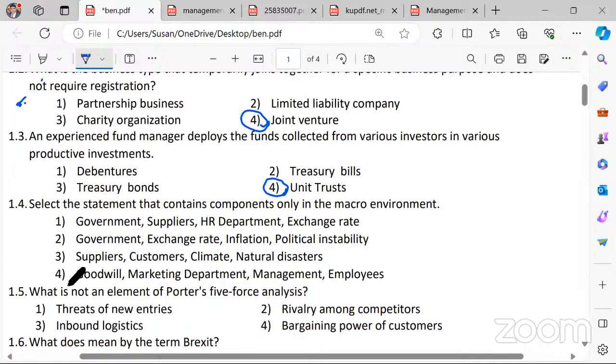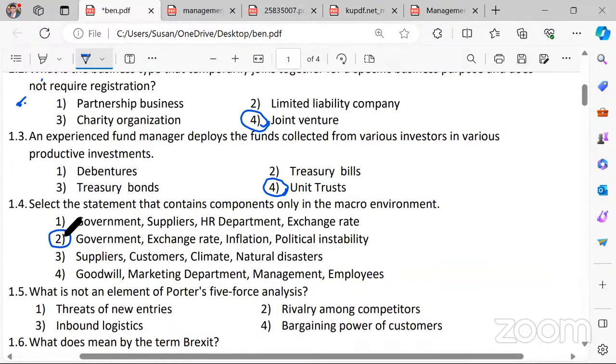Right. We'll see what answers are given. Select the statement that contains components in the macro environment. Government, right? That is macro. Suppliers are micro. Government, exchange rate, inflation, political instability. This is the correct answer. Government is macro. Exchange rate, we don't have control, we can't change it, we don't have a direct relationship.